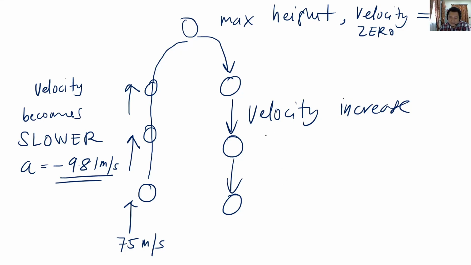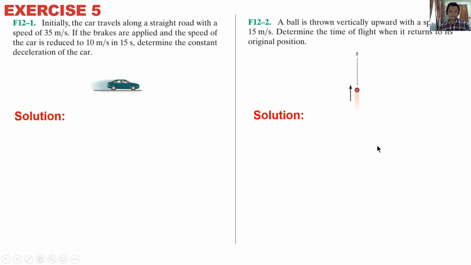Since the vector of the velocity is in the direction of 9.81, so velocity becomes increase, increase, increase lah. So you can calculate velocity easily. Okay, so now we can do 2 more exercises. This one looks pretty simple. Okay, let's get back to this.